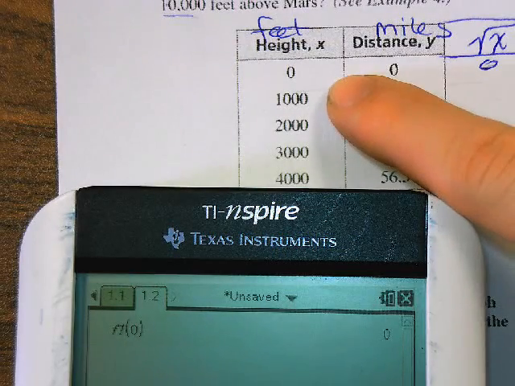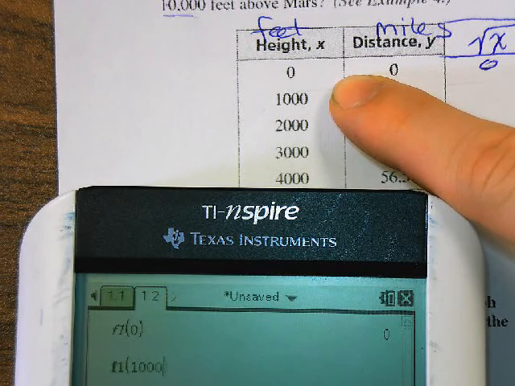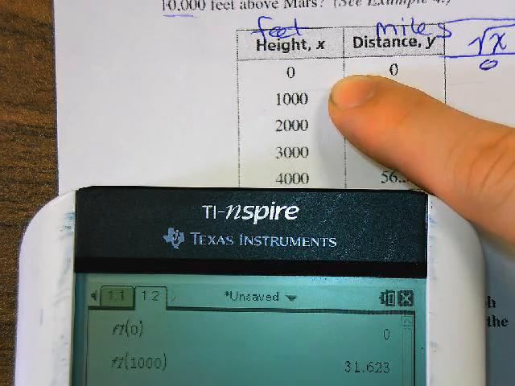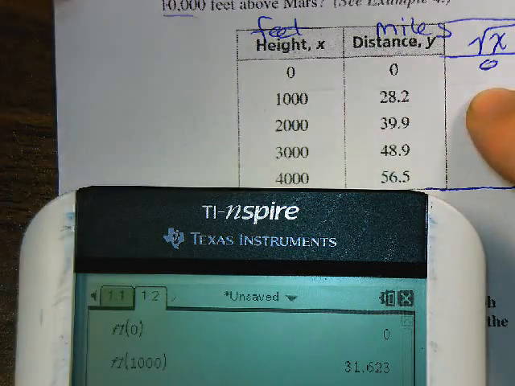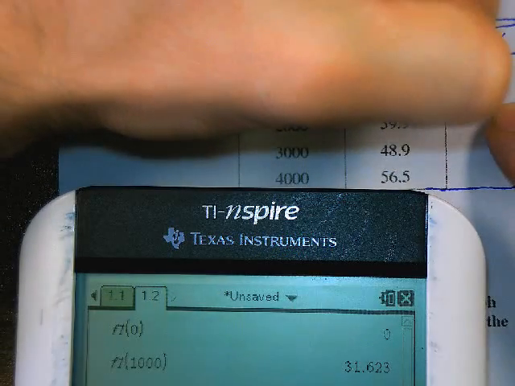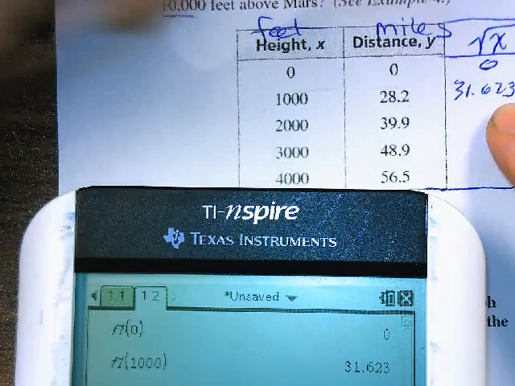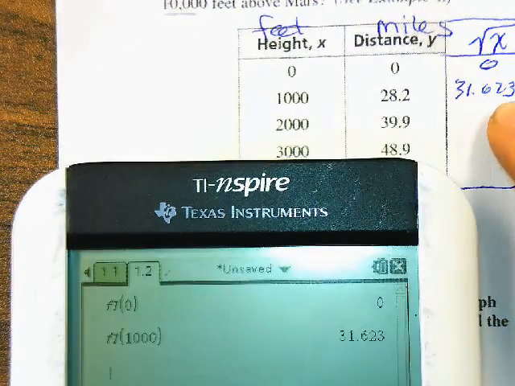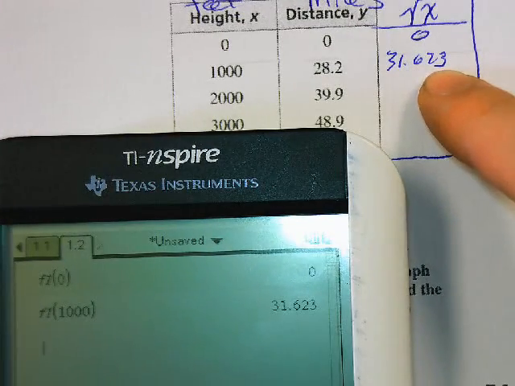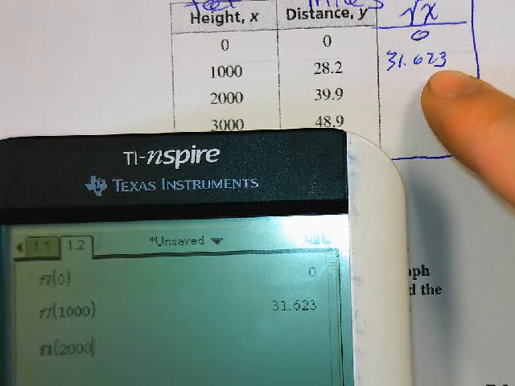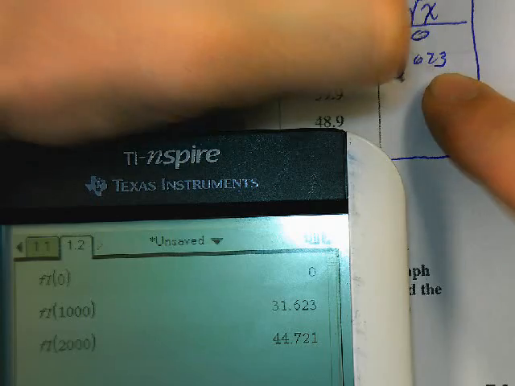Now I'll type in F1 of 1,000. And that gives me 31.623. So F of 2,000, 44.721.